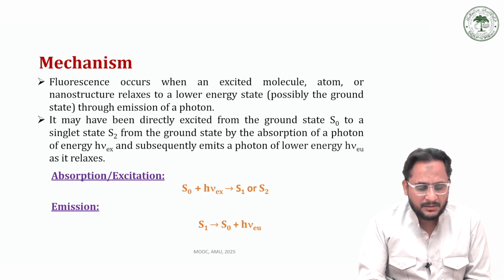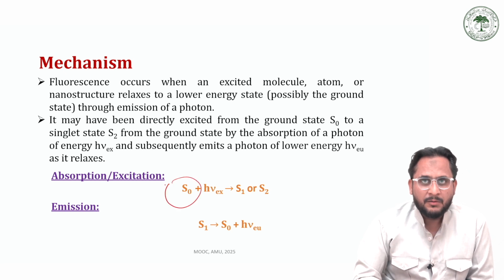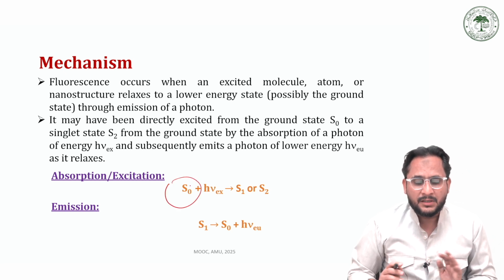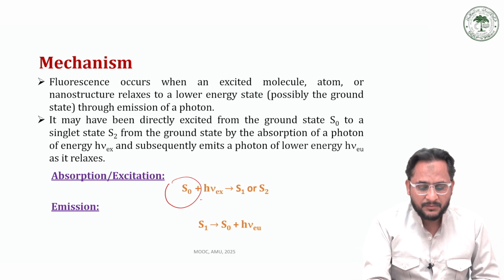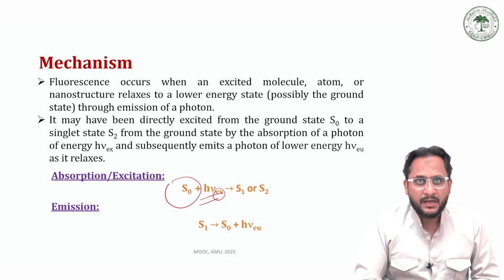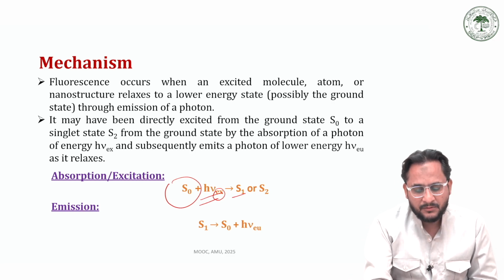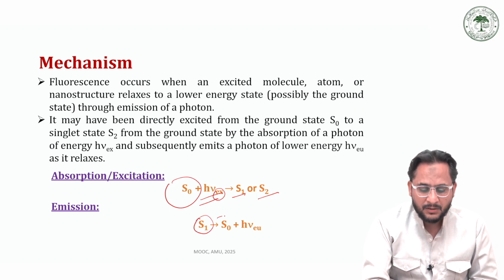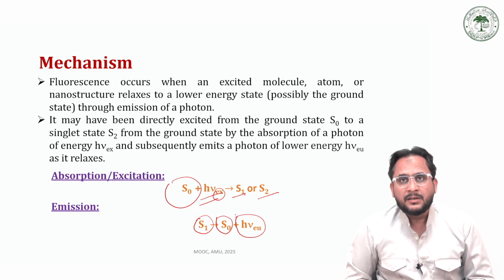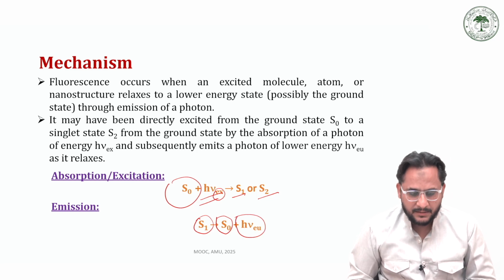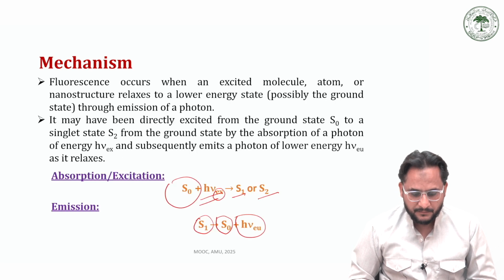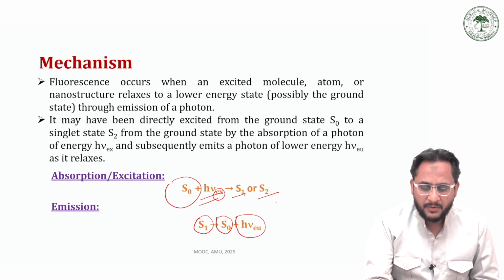The mechanism, as I just mentioned: if we have a molecule where electrons are present in the ground state, meaning the singlet state, when it absorbs light radiation, Ex shows the excitation, meaning the incident light radiation. The electrons may be excited to the first excited level or even to the second excited level, and when these electrons come back from the excited level S1 or even from S2 directly to S0, the light emitted is called fluorescence.